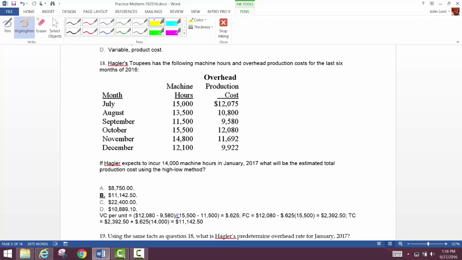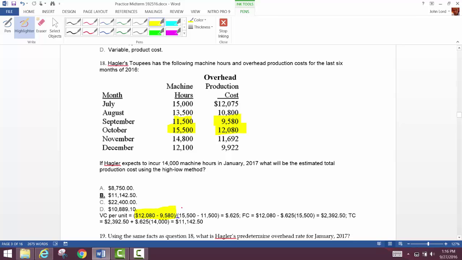So the high is what? 15,500? Yeah, and we get the cost there. The low is what? 11,500. Okay, good. So using the high-low method, for the sake of time, I'm just going to point us down to the calculations here.